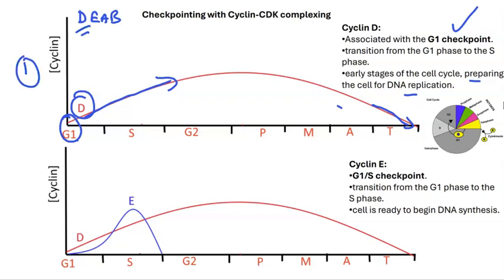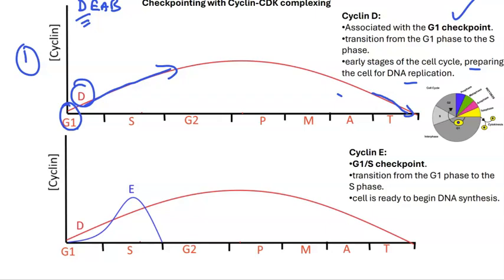Cyclin D initiates the G1 checkpoint, starts the first part of the interphase. Now the second cyclin that we're going to look at is called cyclin E, and notice that this has its peak of concentration in the S phase. So we think, what is it that's special about the S phase?